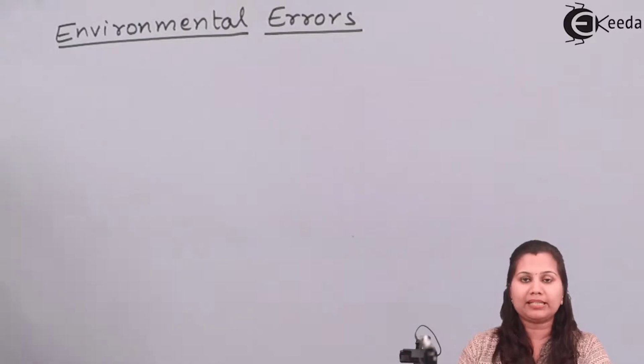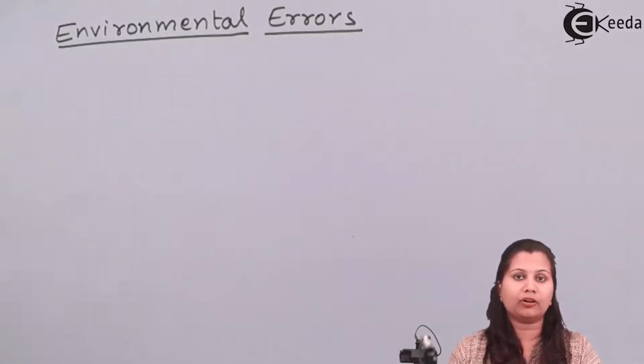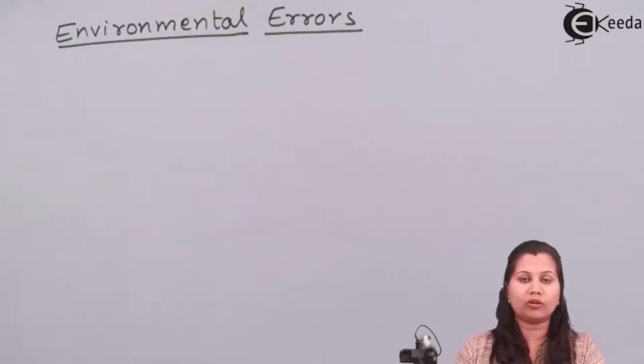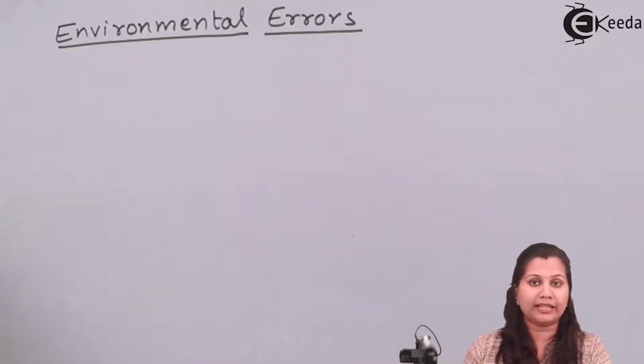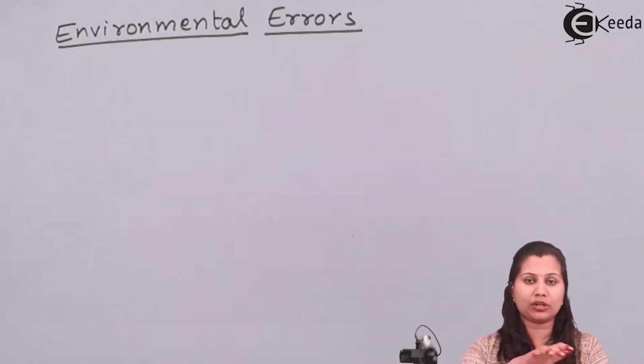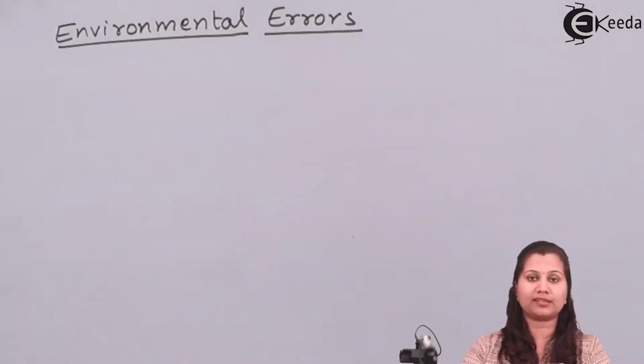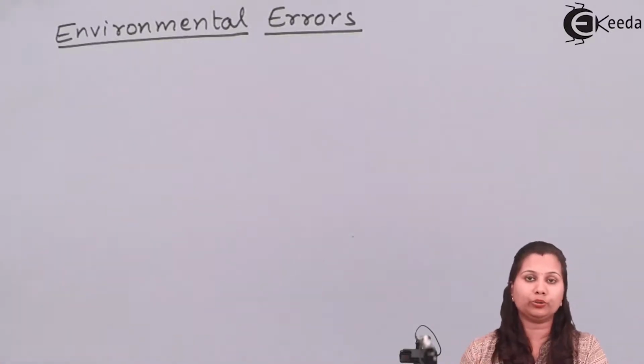External environment means, if the surrounding temperature of the instrument is changing, then it can have some effect on the readings, like humidity, pressure, or temperature changing, or if there is any stray magnetic or electric field surrounding the instrument, there will be an effect on the readings of the instrument. So if any error is occurring due to the changes in the external environment, then that will come under the category of environmental errors.